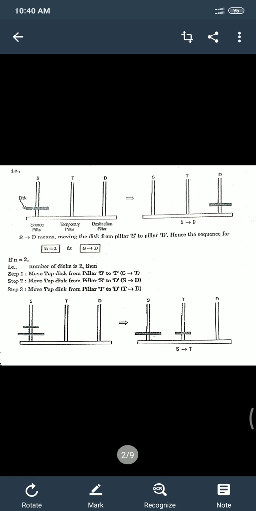If n is equal to 2, assume the disks are 2. See how you can move them. The top disk is first moved to the temporary pillar, and immediately the bottom disk on the source pillar is moved to the destination pillar, and then the disk on the temporary pillar is moved to the destination pillar. You can see this example in the slide.